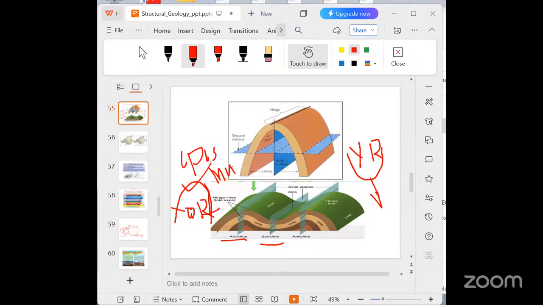In Greek, syncline means together incline, whereas anticline is opposite incline. Together incline refers to these two limbs dipping towards each other.